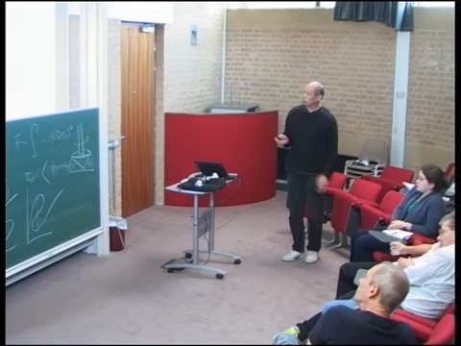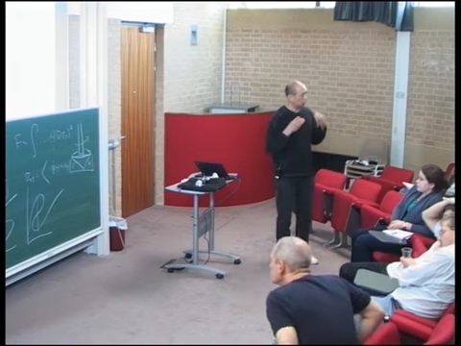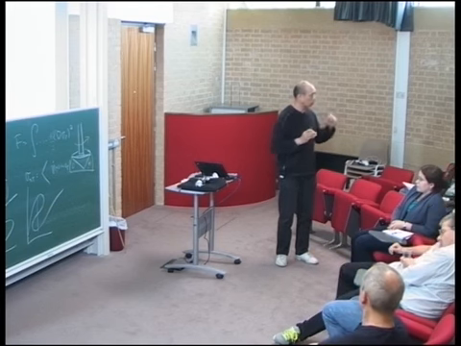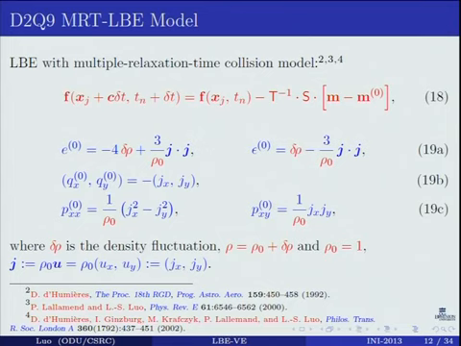And so if you have that discretized velocity in velocity space, then the discretization of the configurational space is trivial.